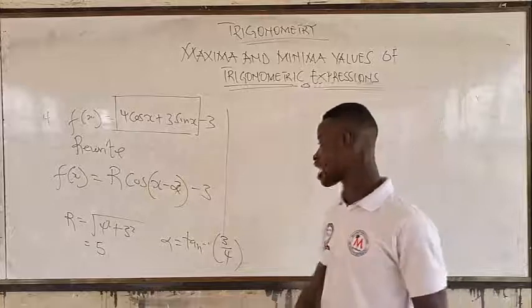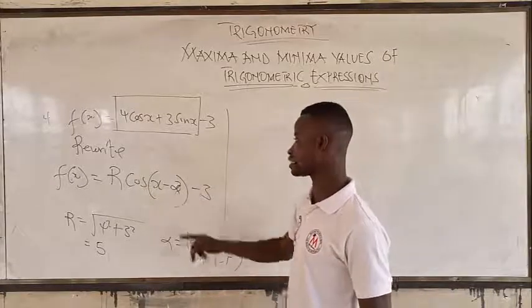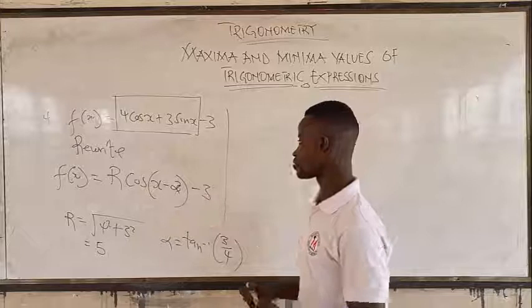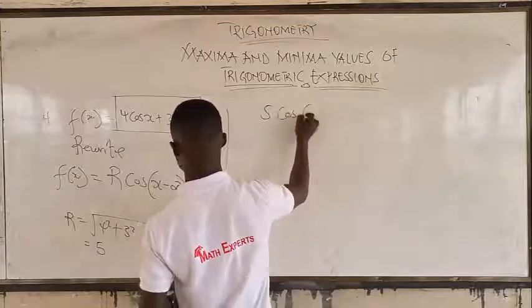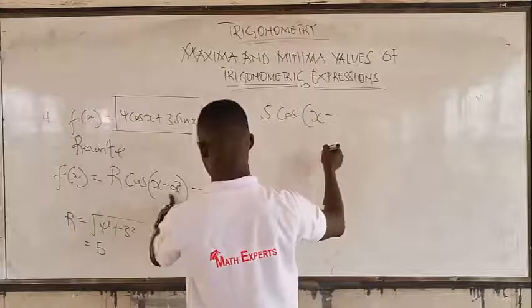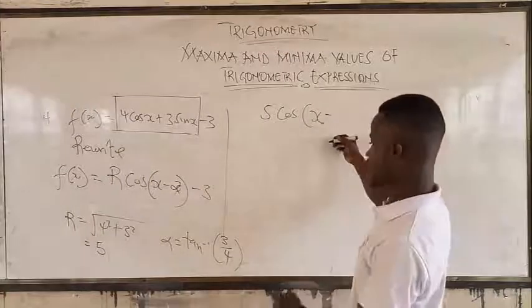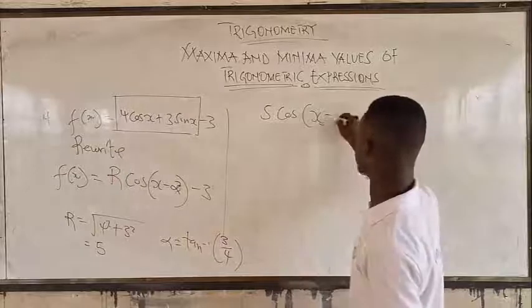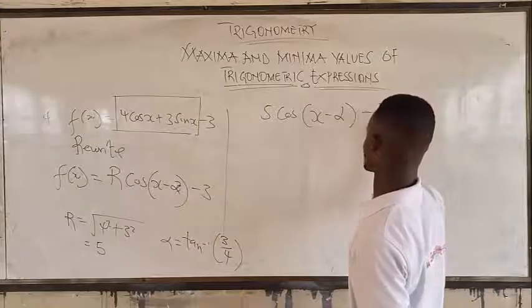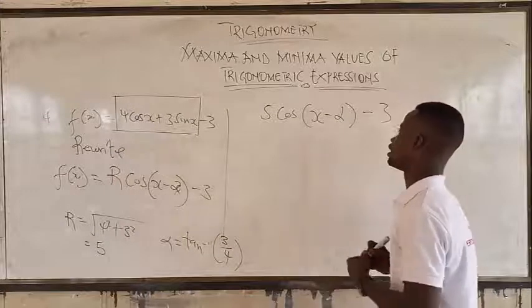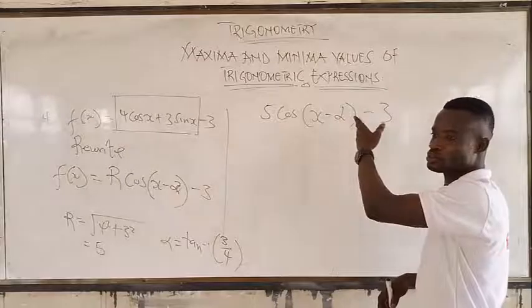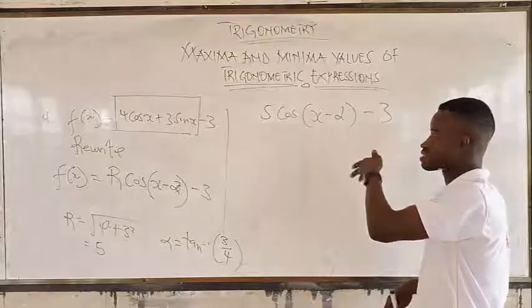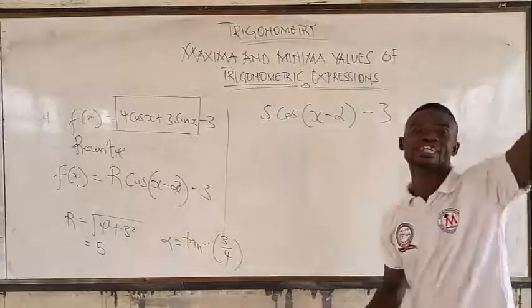So take a calculator, punch that, and you can write. And when you write that, you get 5 cos(x minus alpha) minus 3. So I'm saying if the alpha is 30 degrees, that is pi on 6. And with that, you can go and sketch it.